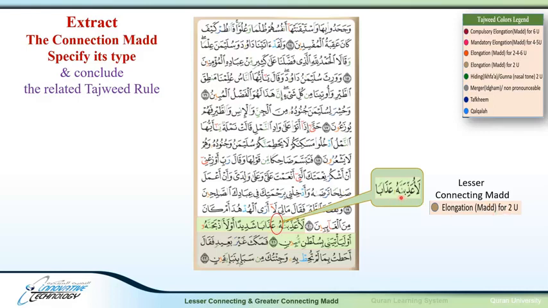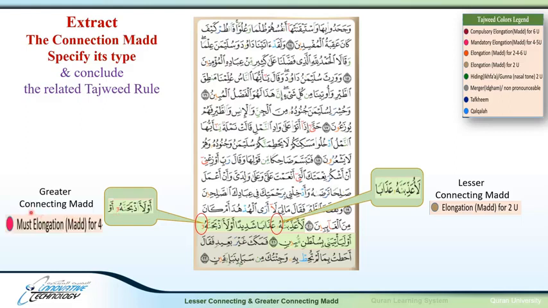And as we're looking for another example, we find a small waw following a ha followed by a hamza in أو لأذبحنه أو. There is a ha followed by a waw in bright red color because it's followed by a hamza, indicating that this is a greater connecting med and to be elongated for 4 units. So we say أذبحنه أو.